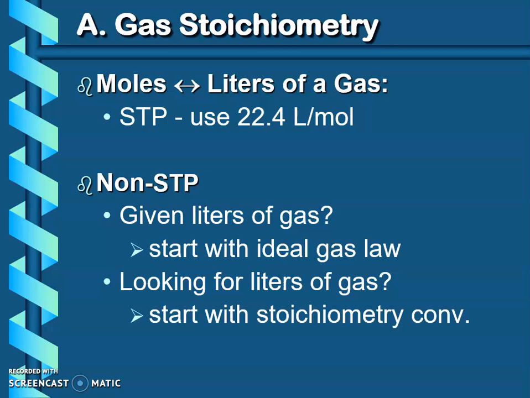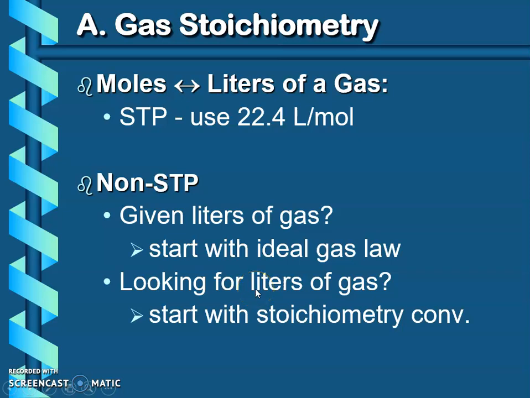So how are we going to do gas stoichiometry? Well, it's going to depend on what we're given in the problem. If we are given the volume of the gas, liters, then our first step is to use the ideal gas law, and the second step will be to use stoichiometry. However, if we are looking for the liters of a gas, so the question says, what is the volume?